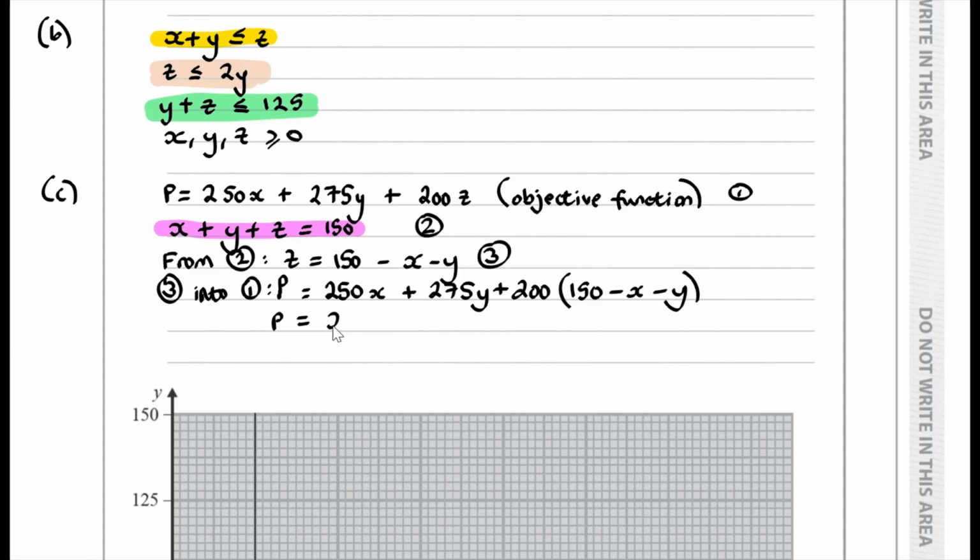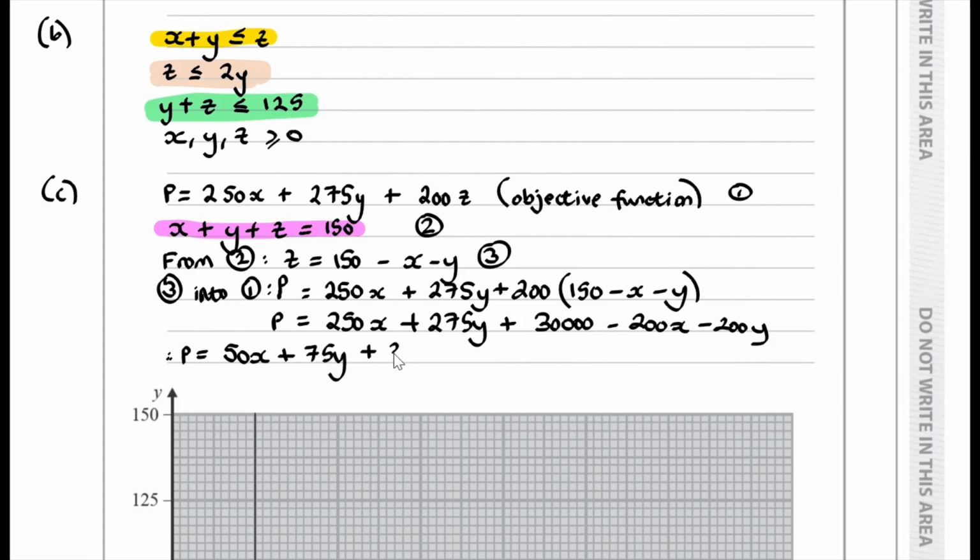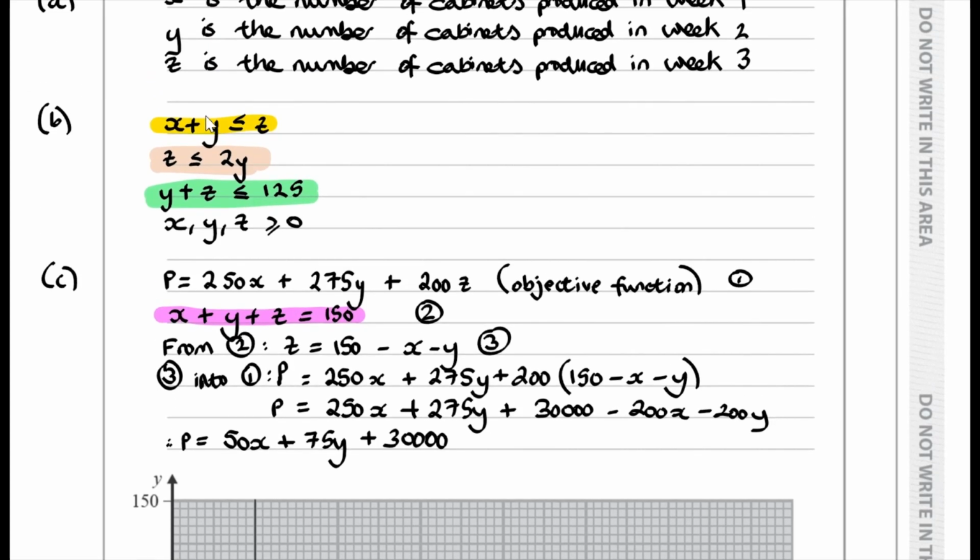So we have p equals 250x plus 275y plus 30,000 minus 200x minus 200y. And if we simplify all that, you'd find p to equal 50x plus 75y plus 30,000. So we wish to minimize p subject to these constraints over here.